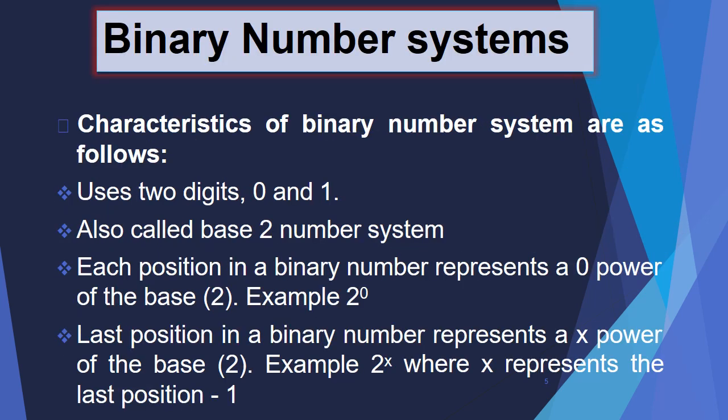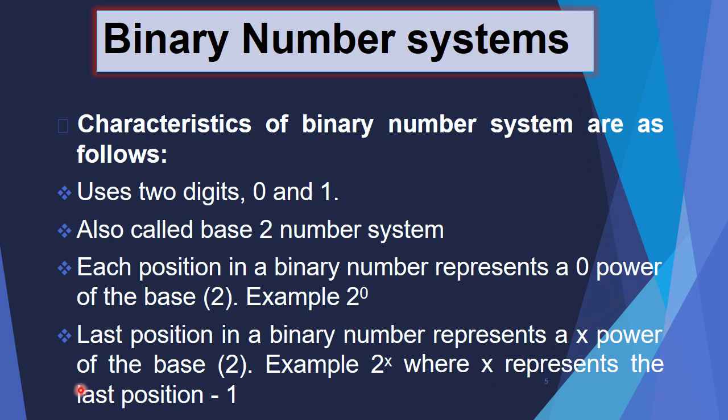And now next, binary number system. In the binary number system, it uses two different digits known as binary digits. So it has just two digits, 0 and 1. It is also called the base 2 number system.